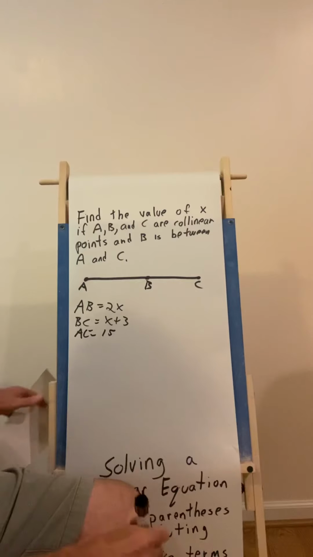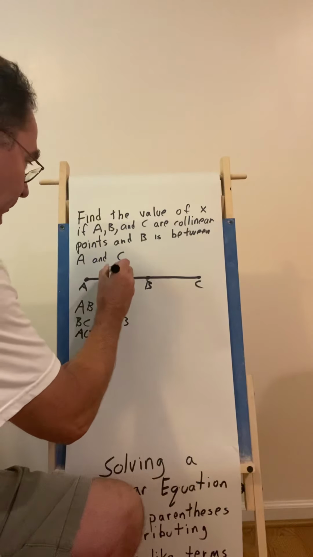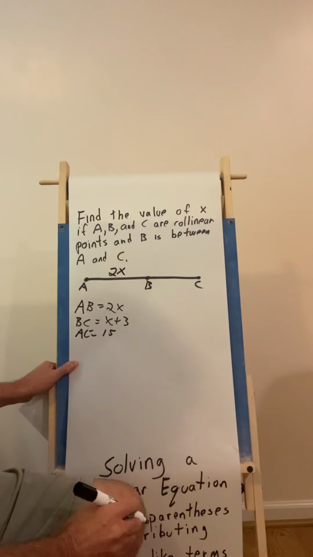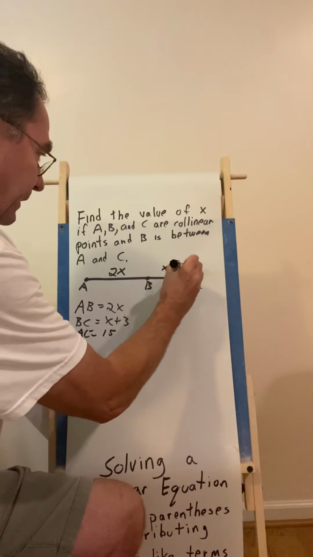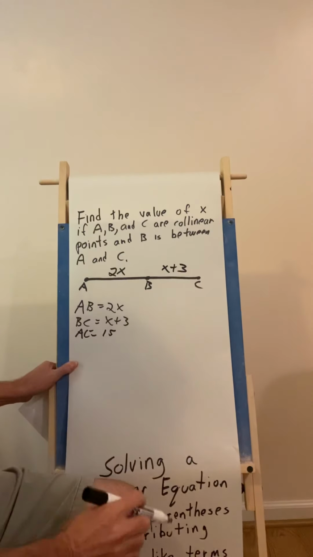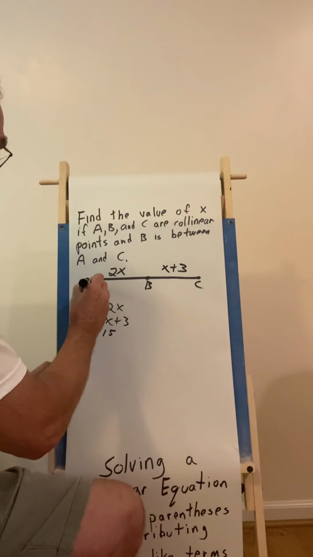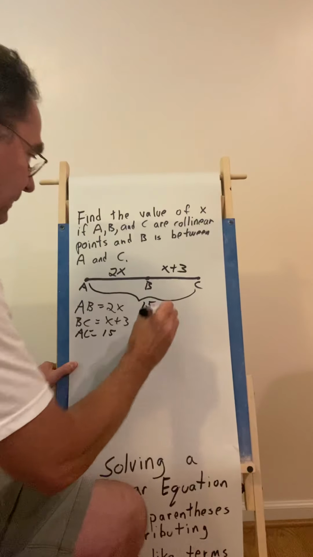Now let's label the diagram. AB is 2x. So there's A, there's B. We'll put a little 2x right there. BC is x plus 3, so let's put our x plus 3 there. And then AC is 15. The entire line segment is 15. If you want, you can put it underneath and say that's 15.